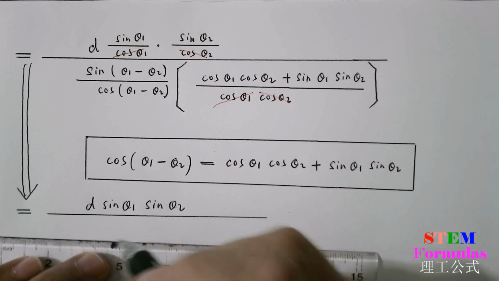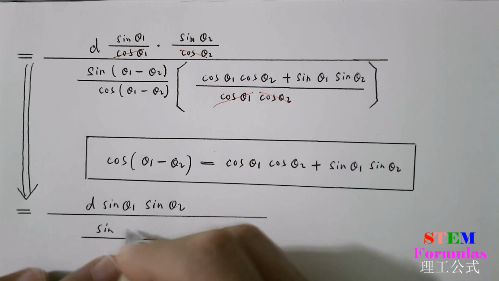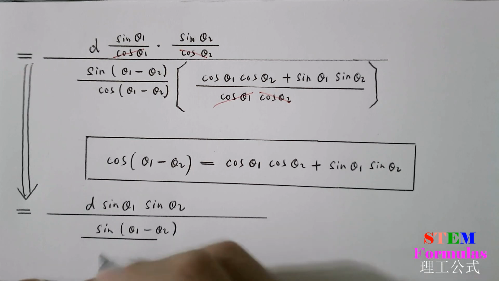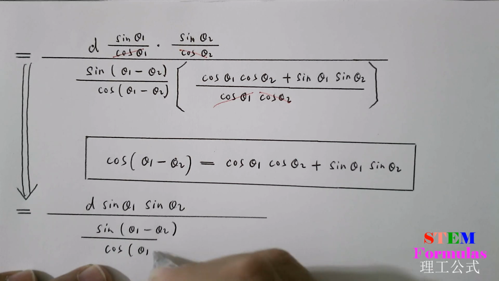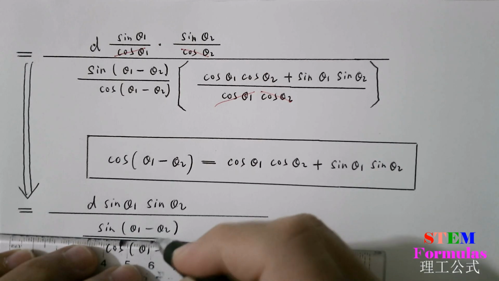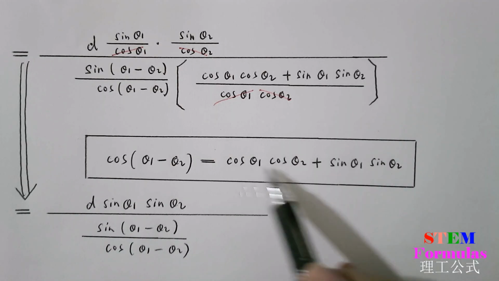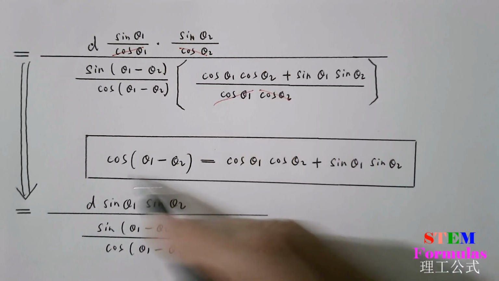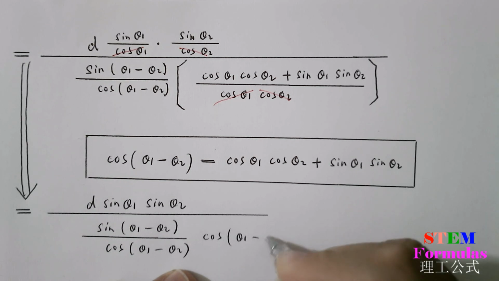On the bottom I have sine (theta 1 minus theta 2) times cosine (theta 1 minus theta 2). This term, by using this trigonometry identity, equals cosine (theta 1 minus theta 2).